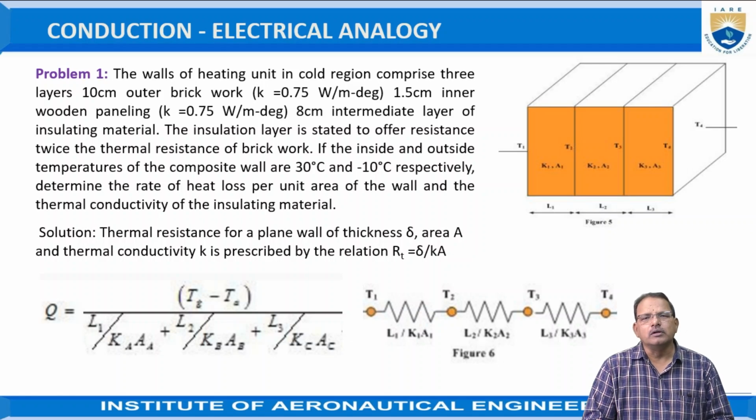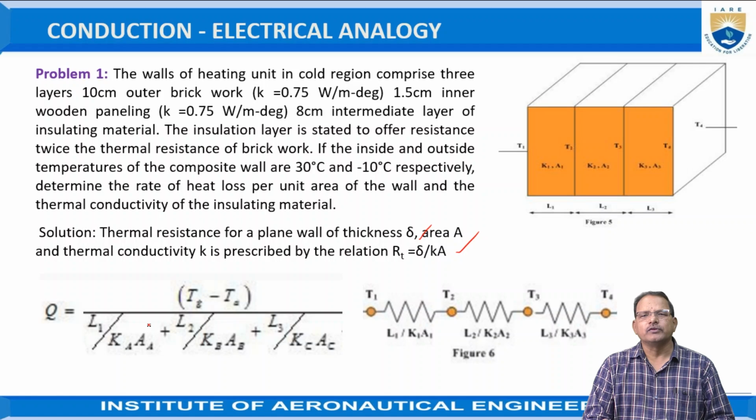So here is the solution. The thermal resistance for a plane wall of thickness delta, area A, and thermal conductivity K is given by RT equal to delta divided by KA.